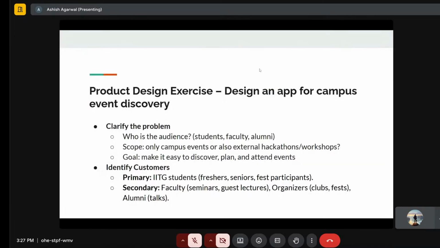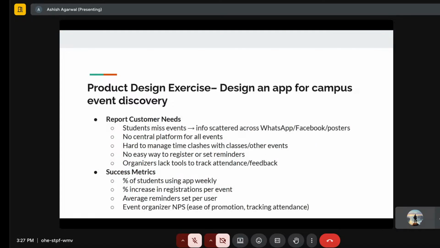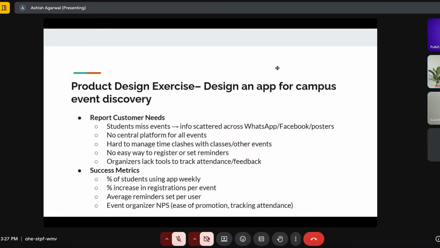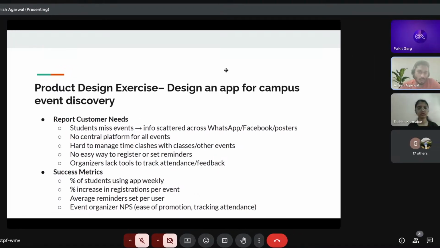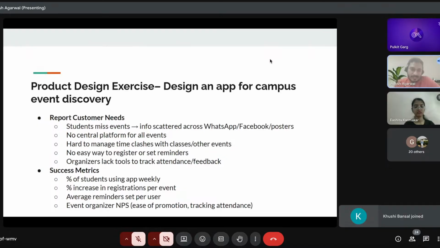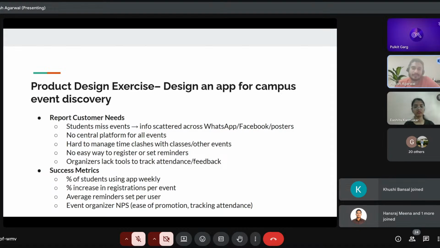Yes, sir. Yeah, okay. So we have identified customers. Then we have a few customer needs that we have defined: students miss events, there's no central platform for it, there can be clashes, there's no easy way to register or get reminders of an event they might have registered for, and on the secondary side, organizers lack tools to get attendance and feedback.